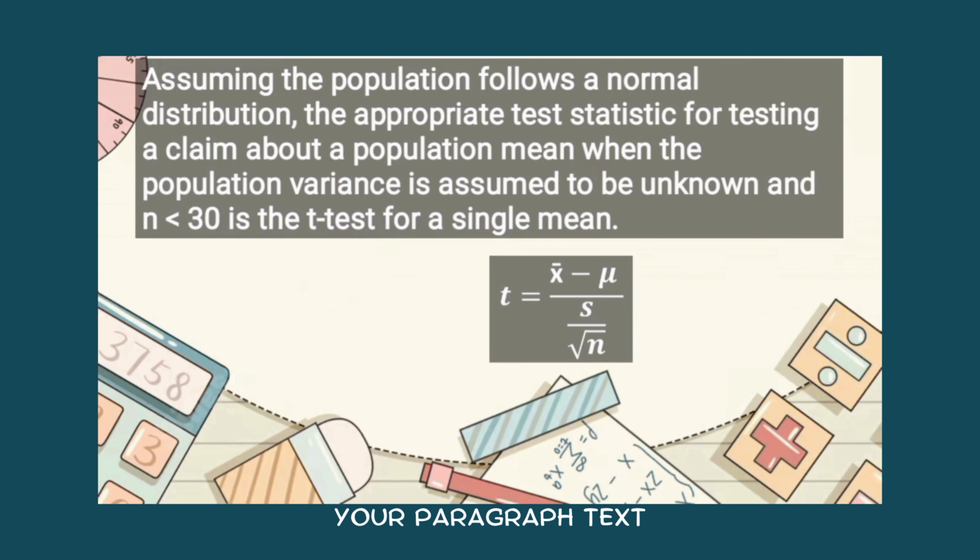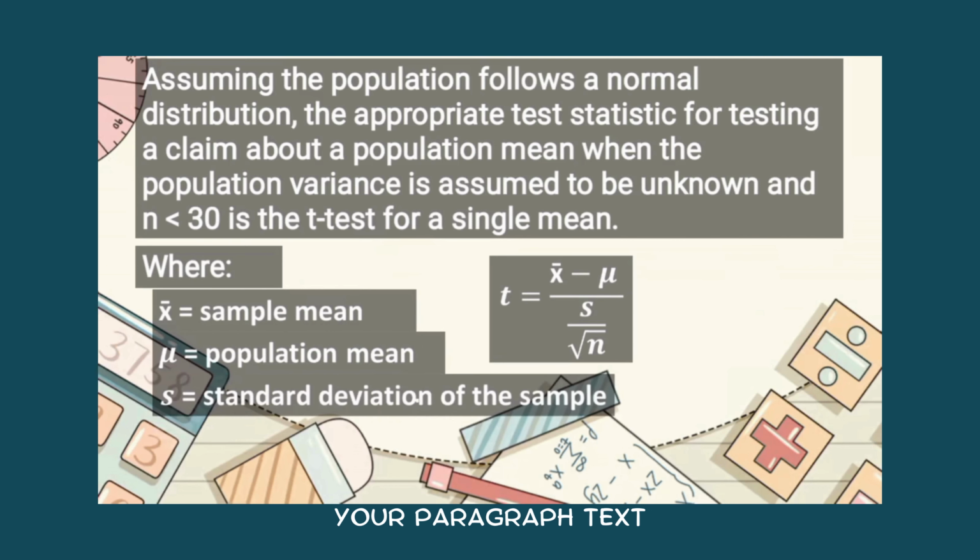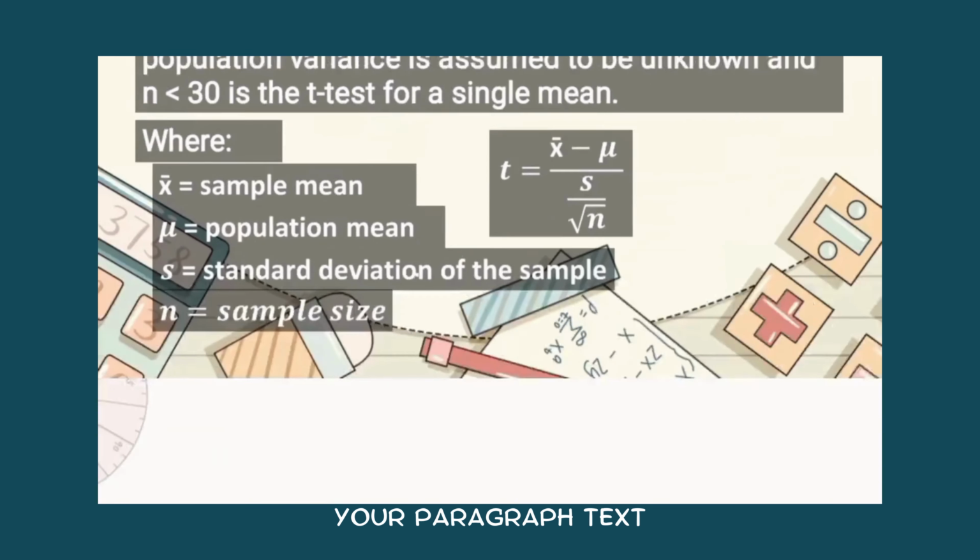T is equal to x bar minus mu, or the population mean, all over S over the square root of n, where x bar is the sample mean, mu is the population mean, S is the standard deviation of the sample, and n is the sample size.